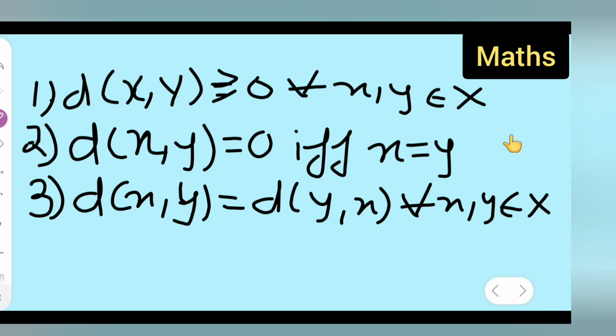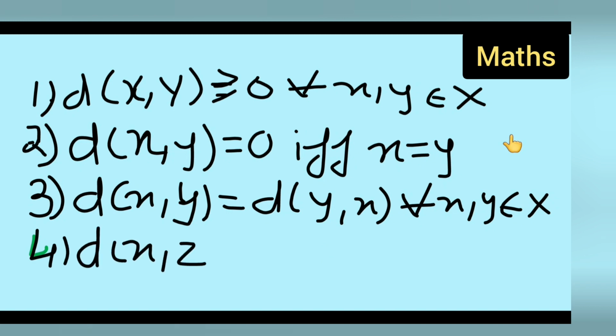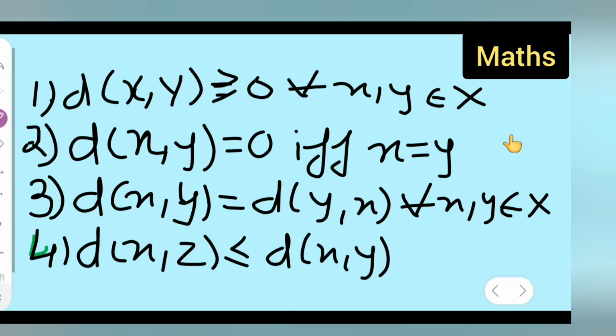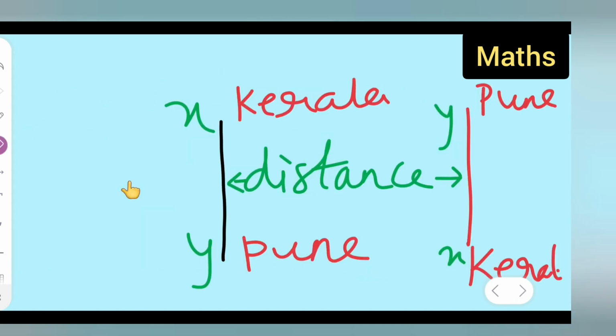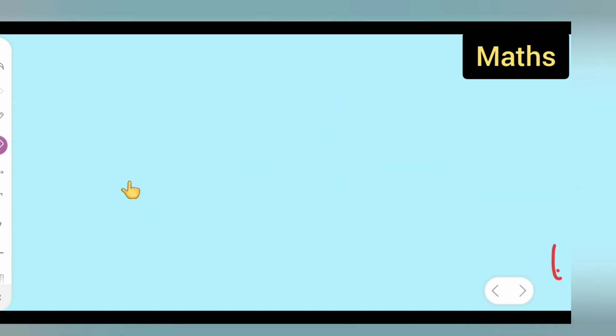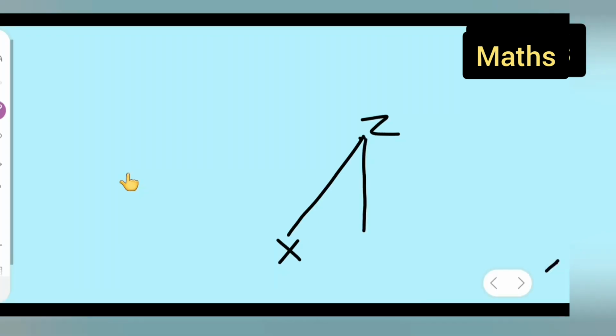Next will be your fourth point. The fourth point says that the distance between x and z is less than or equal to the distance between x comma y plus the distance between y comma z. Here this will be your z, this will be your x, and this will be y.